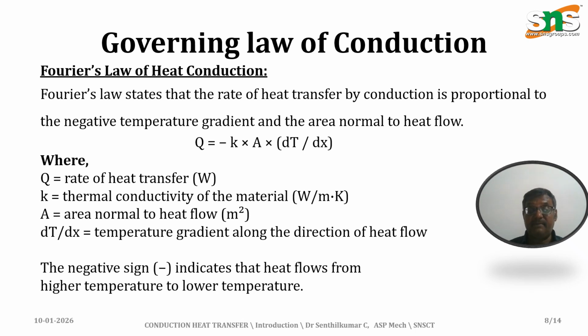The law governs the product of all these values. The negative sign in this governing equation indicates the reduction in temperature along the length of the component. If a product is supplied with a certain amount of heat, after a certain distance it loses temperature. This is the governing law of conduction, Fourier's law of heat conduction.